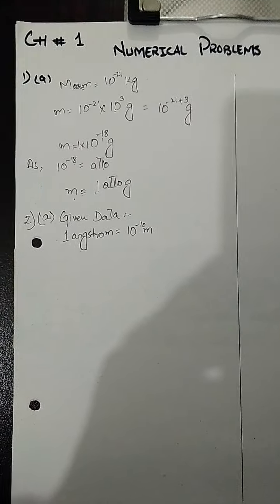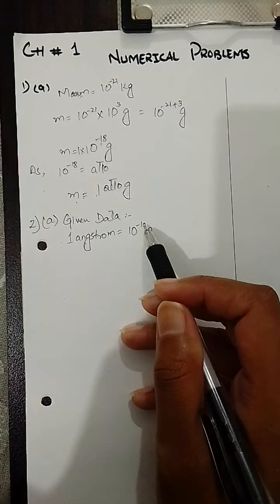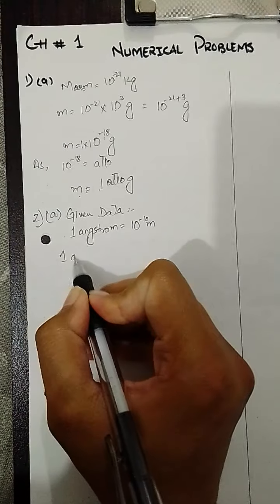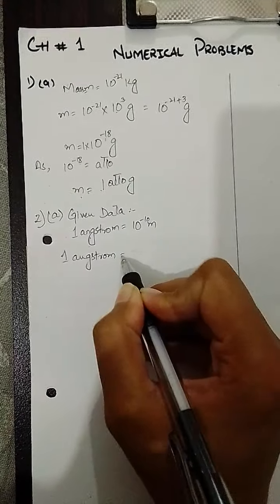The first part asks how many nanometers are there in 1 angstrom. It means we have to convert 1 angstrom into nanometer. So we know that in nanometer we have 10 to the power minus 9. So how are we going to convert this 10 to the power minus 10? We have 1 angstrom.